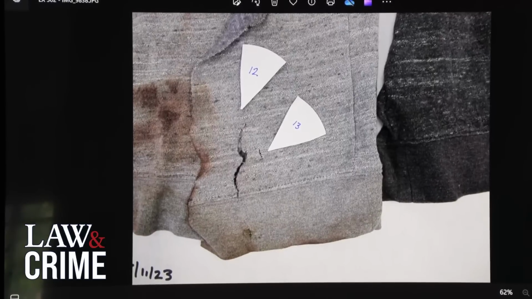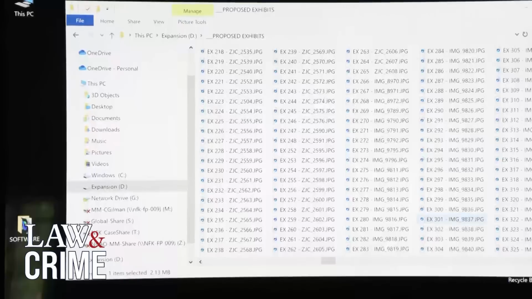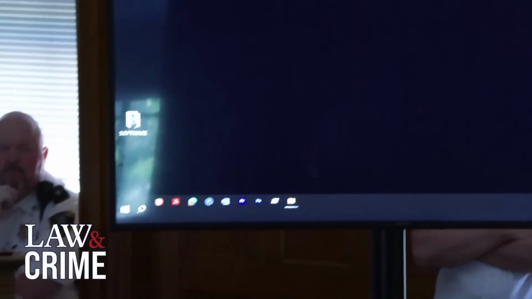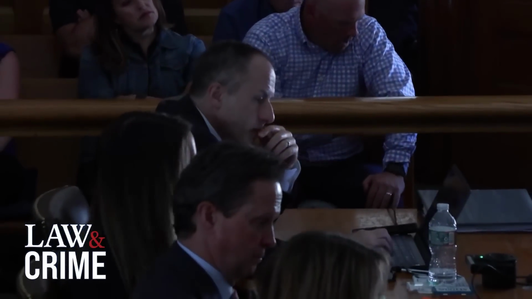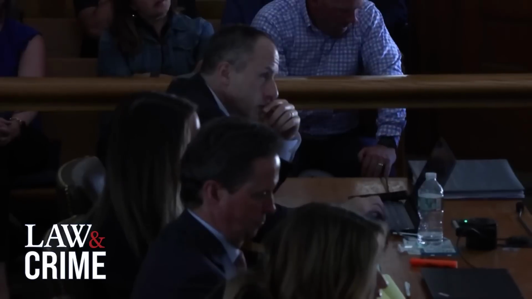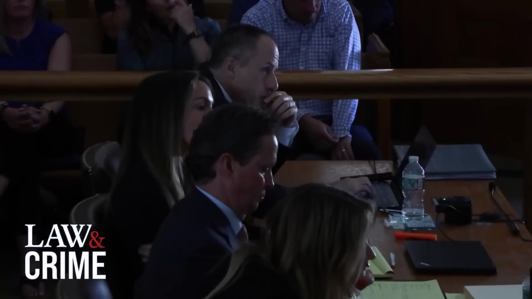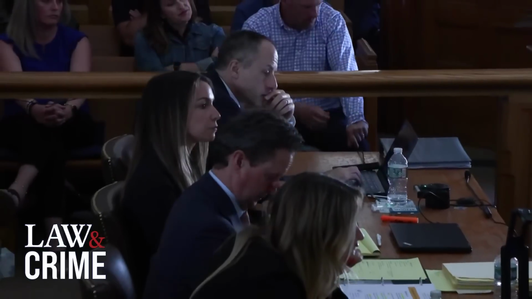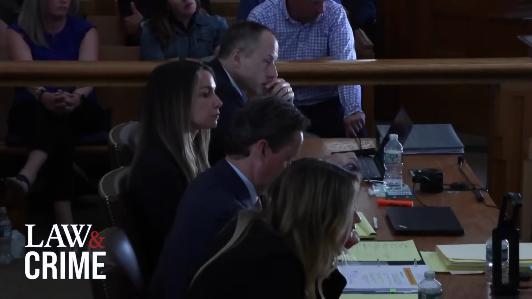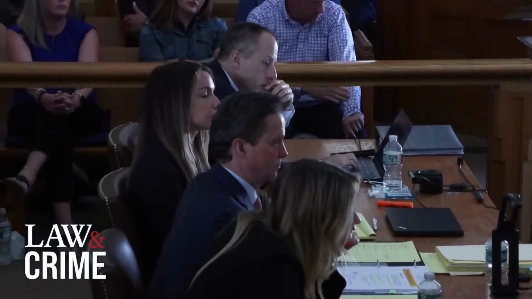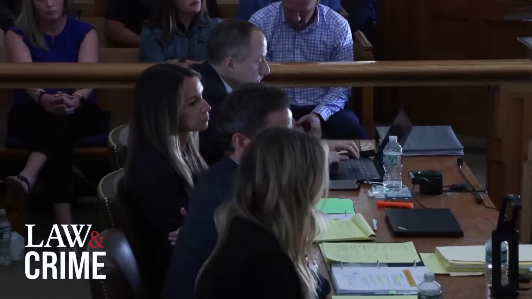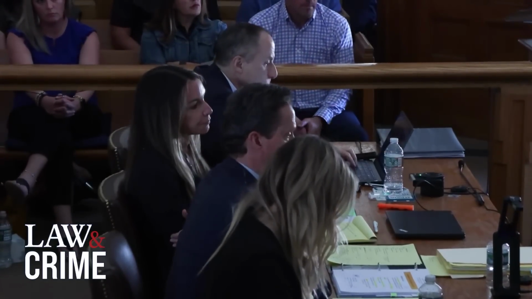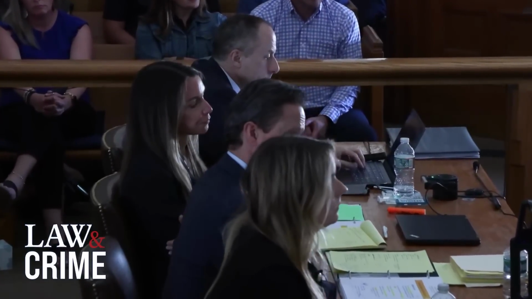Now, with respect to the other photographs that I had placed before you when the stenographer was marking those, do you recognize in general terms what's depicted in those? Yes, I do. And what do you recognize those to be? These are additional pictures of the sweatshirt in which I've also made some notations of areas that need further testing. May I approach, Your Honor? Yes. I'm going to seek to introduce these in a minute as the next exhibit. No objection, Your Honor. If I may, Your Honor, just place these before the witness.